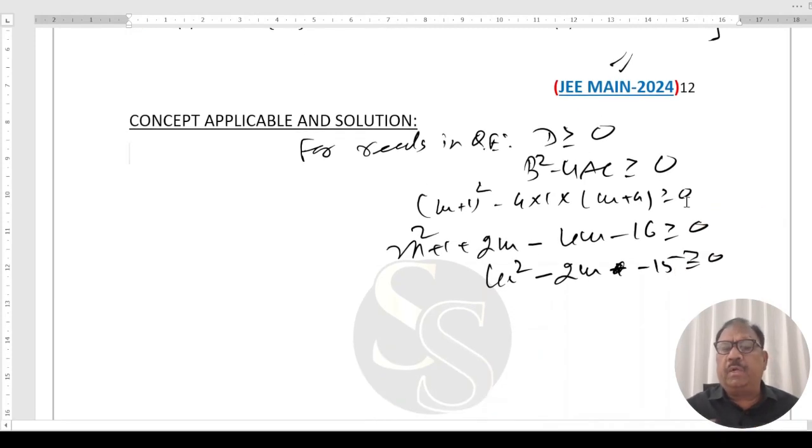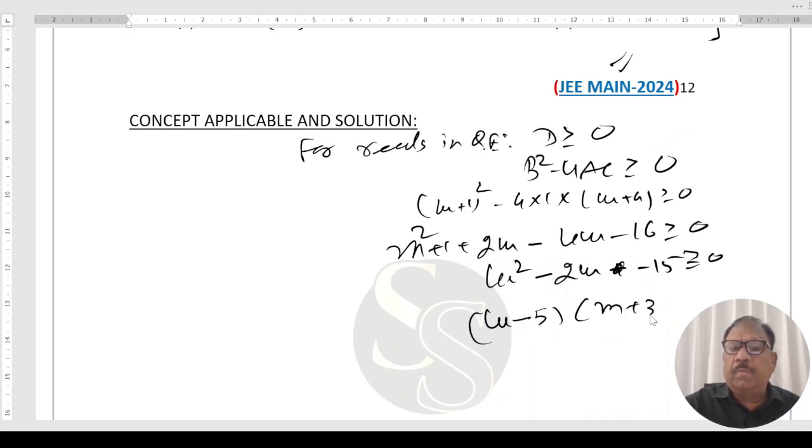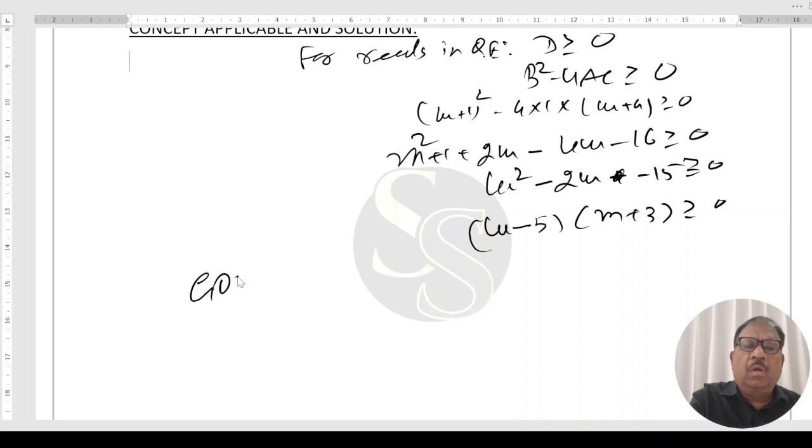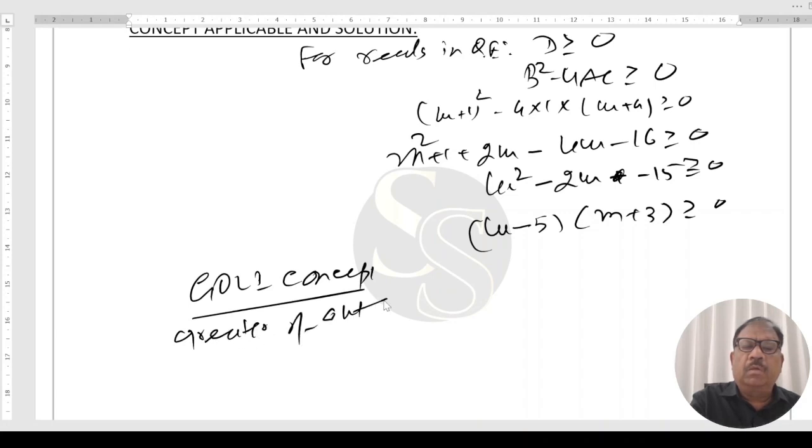On factorization, we get (m minus 5)(m plus 3) greater than or equal to 0. Applying the Goli concept: greater than means outside, and less than means inside.